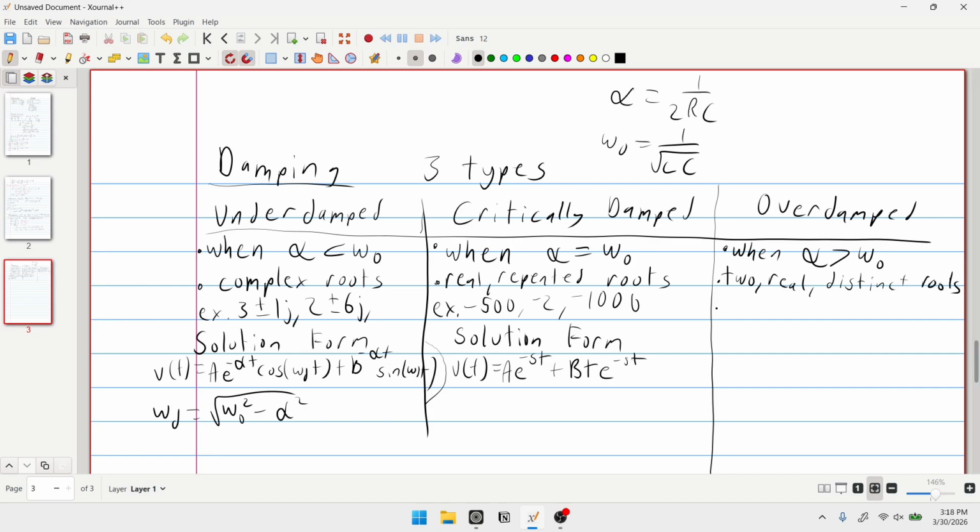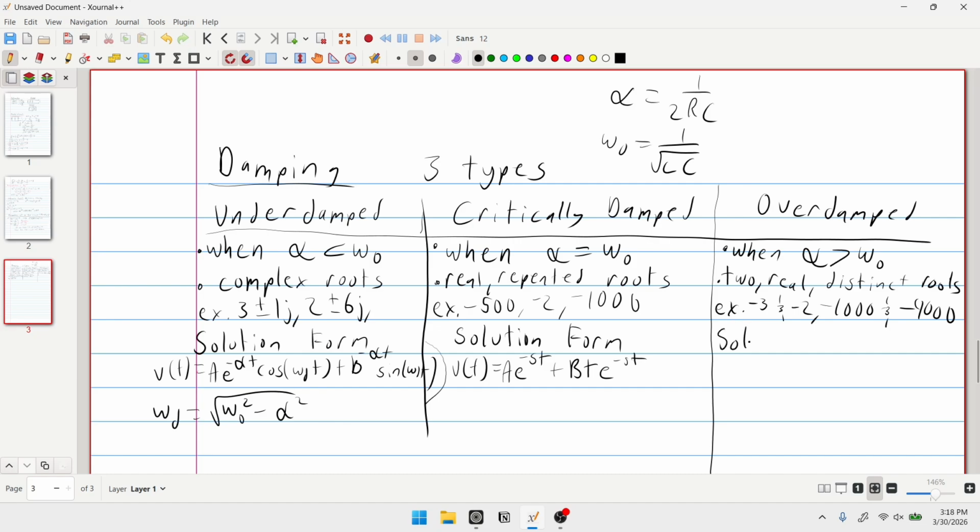Some examples would be negative 3 and negative 2, negative 1000 and negative 4000, something along those lines. Again, you'll typically see on the order of 10 to the power 3 or 4. I'm just throwing some numbers out there.